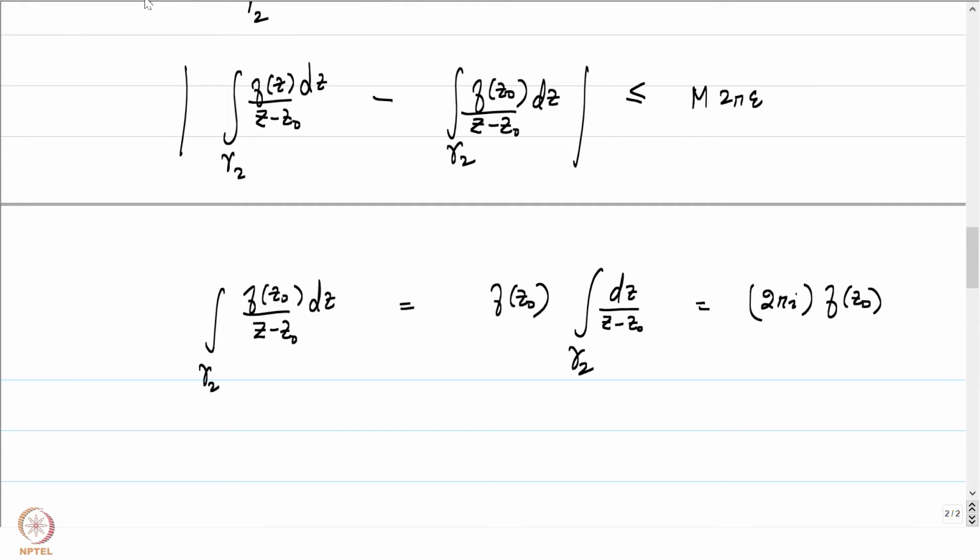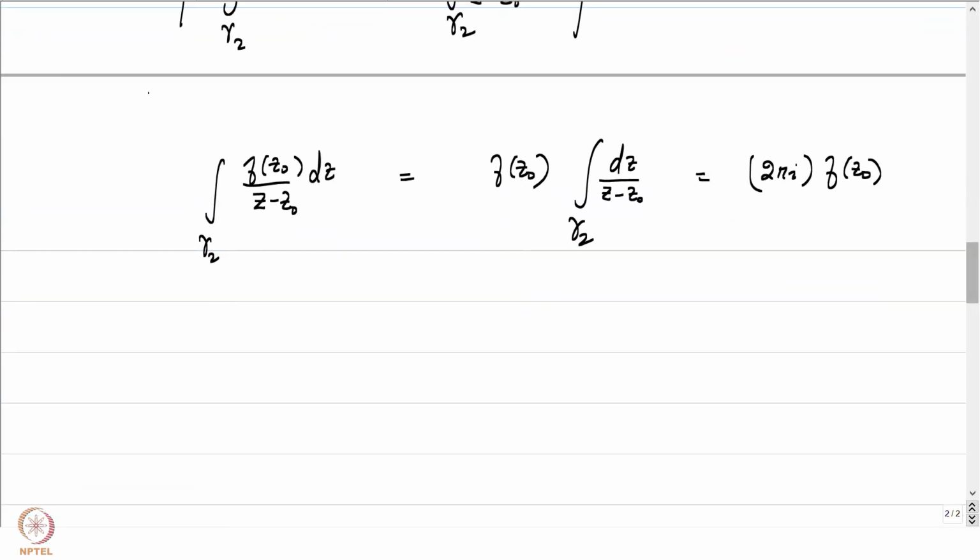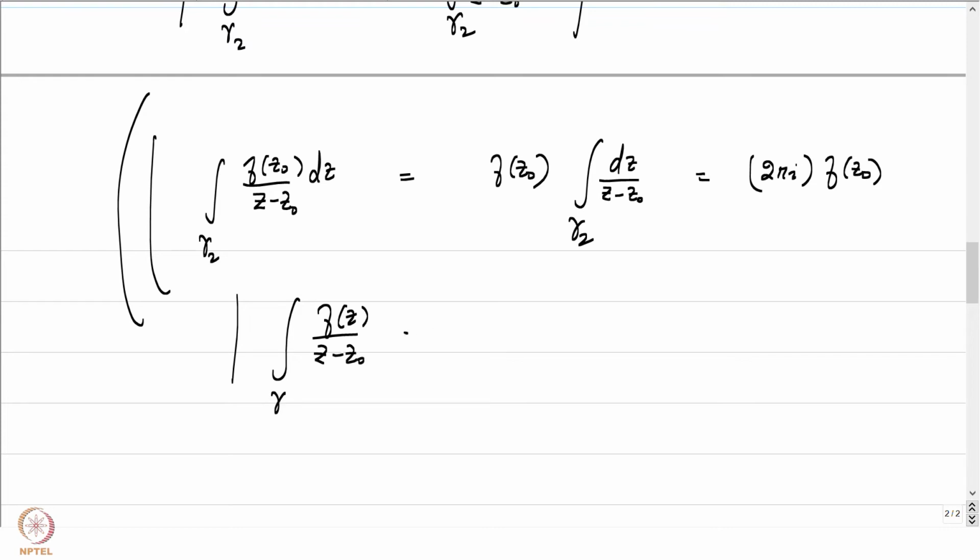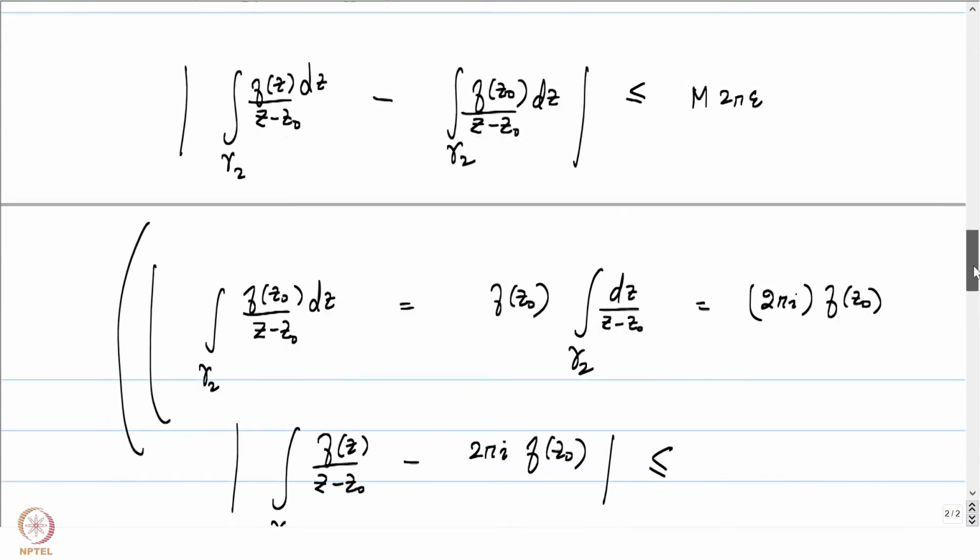By substituting both, we have the absolute value of the integral of f of z by z minus z naught over gamma minus 2 pi i f of z naught is less than or equal to 2 pi epsilon m.